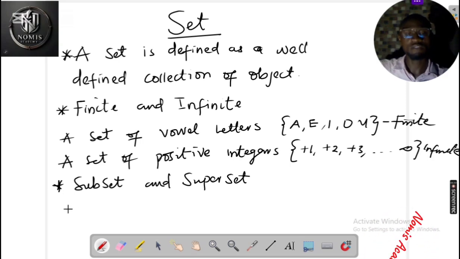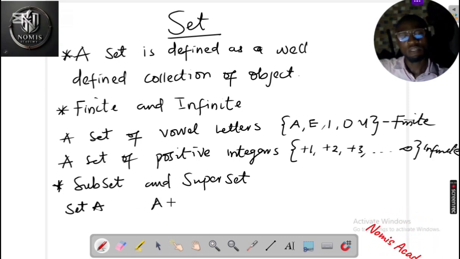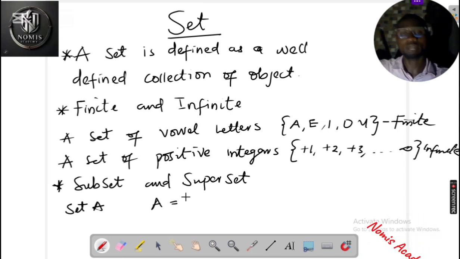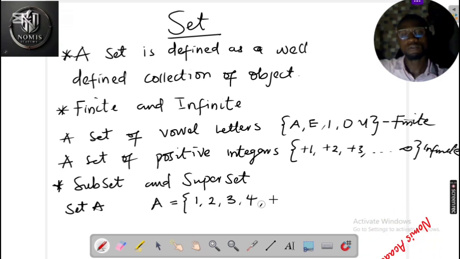For instance, if I say set A, I can just write A. Now set A is equal to, if I want to present the elements of set A, it must be in curly brackets. So if I say set A, let's say we have 1, 2, 3, 4, 5, 6, and let's say we have 7. So this is set A.